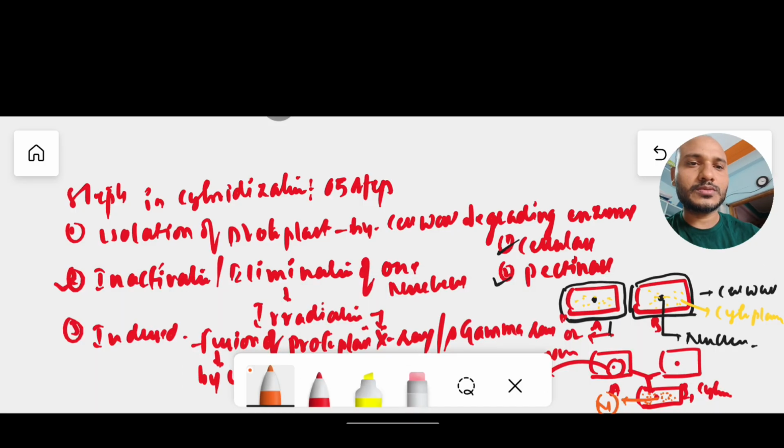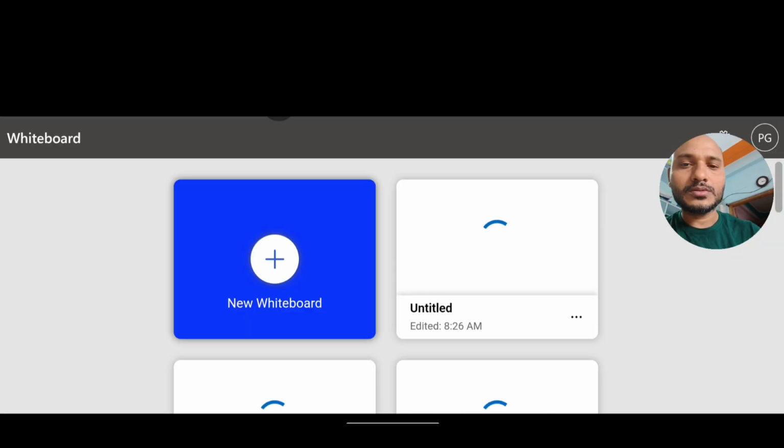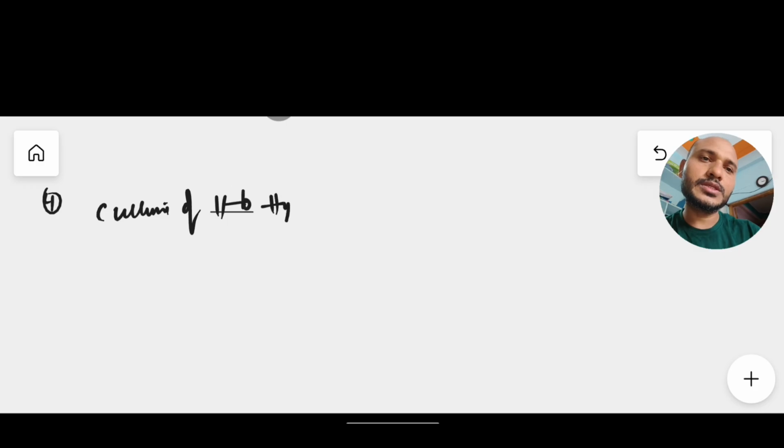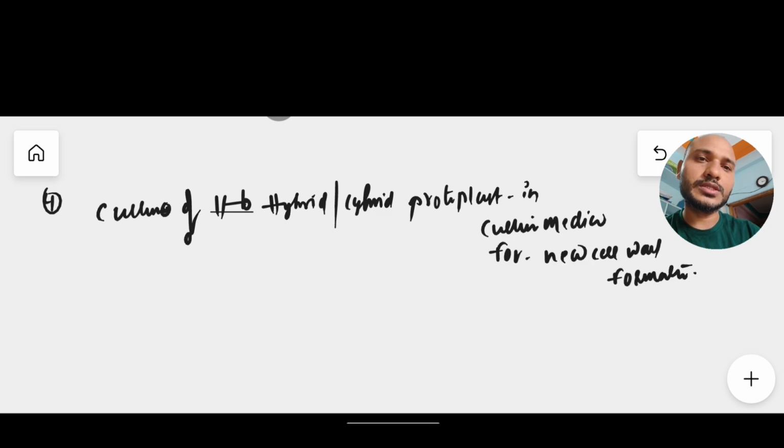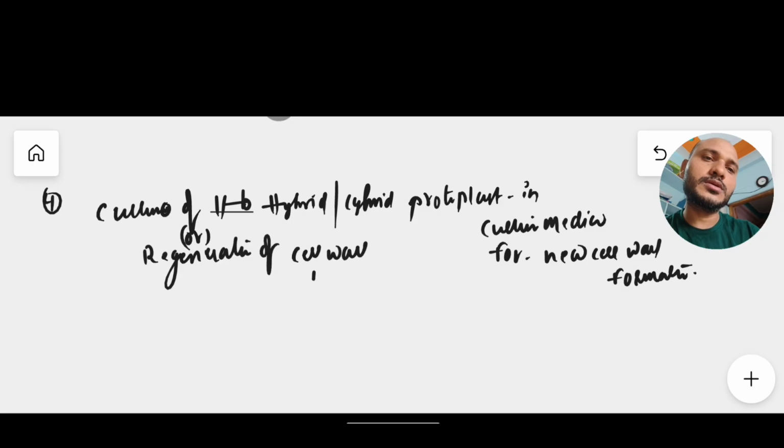Then we move on to the fourth step, that is culture of this cybrid in a nutrient medium. Here, the fourth step is culture of the hybrid, here the cybrid. First, in culture media, for new cell wall formation, or we can also say regeneration of cell wall in culture media or nutrient media.